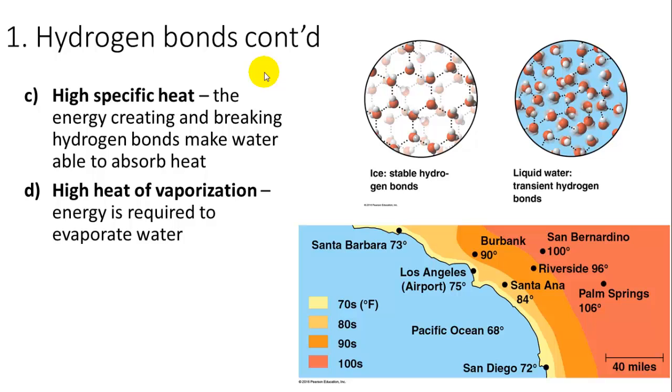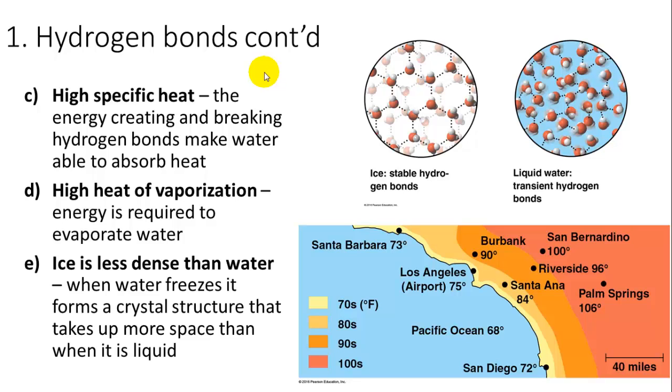That means it makes it hard for water to heat up, which then makes it hard for water to evaporate. Okay, so these are very similar in concept, but heat of vaporization actually is what has to do with evaporation itself.